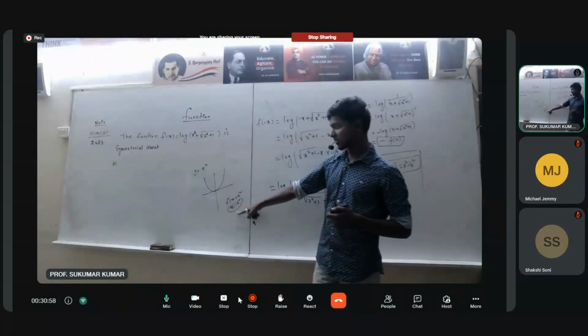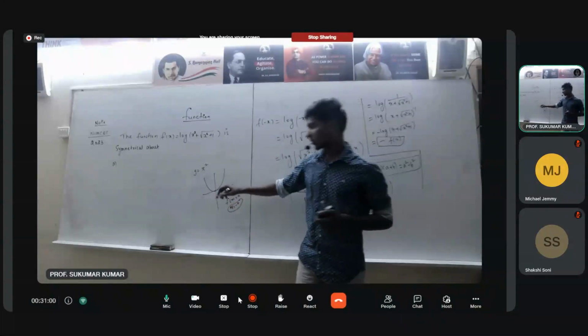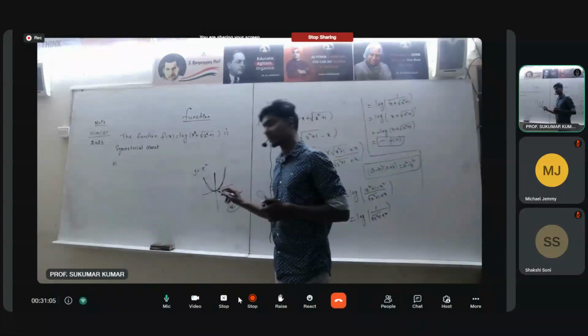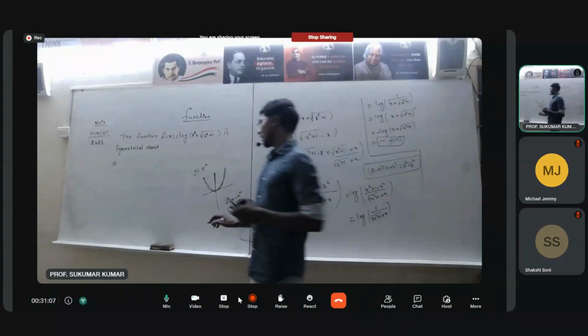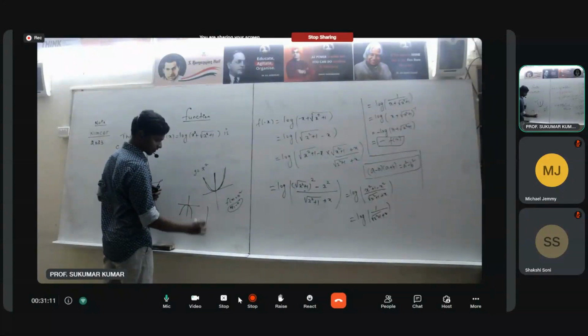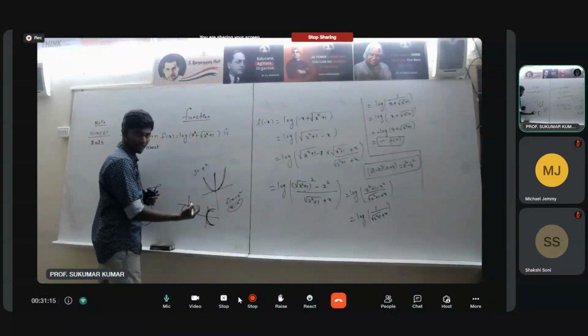And if it is symmetrical about the y-axis, I've told you, it means the entire thing will be on the y-axis. And if it is this function or this function, this is symmetric about what? X-axis.